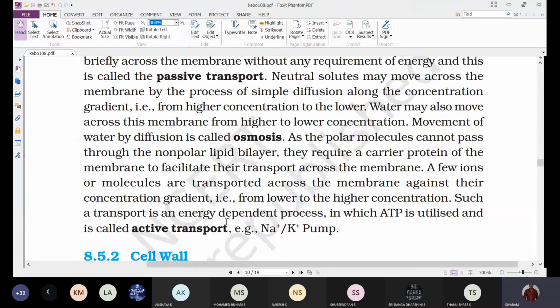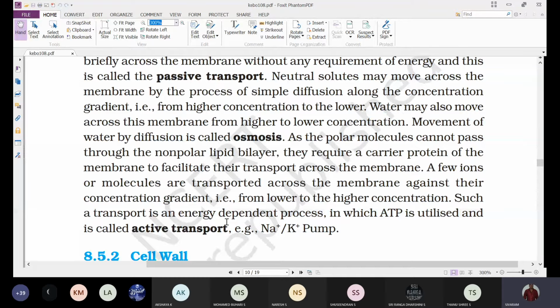Facilitated means with the help of certain protein carrier molecules present in the cell membrane, the molecules are transported across the membrane, but without utilization of energy.